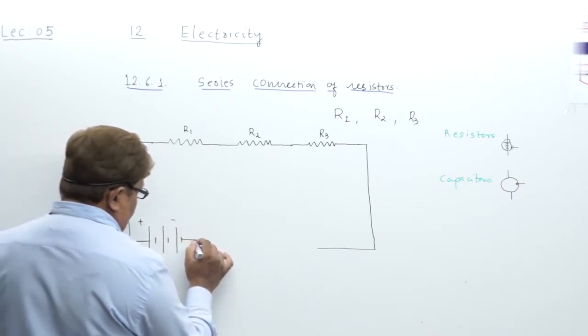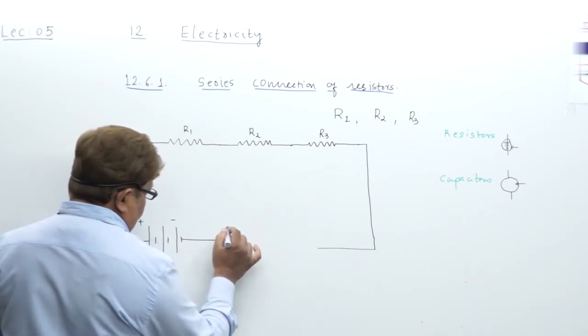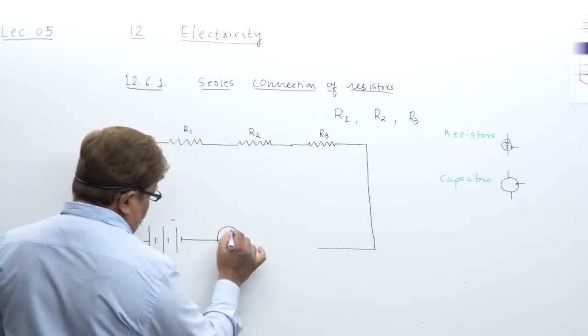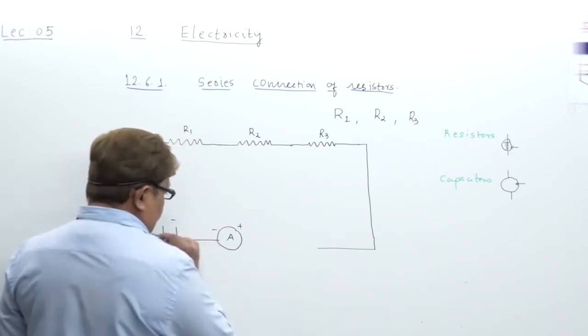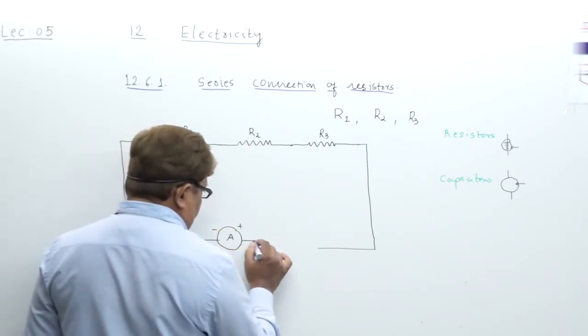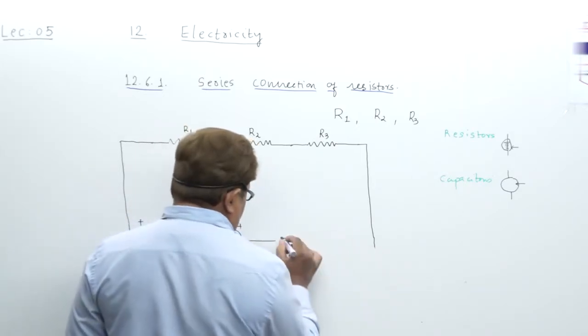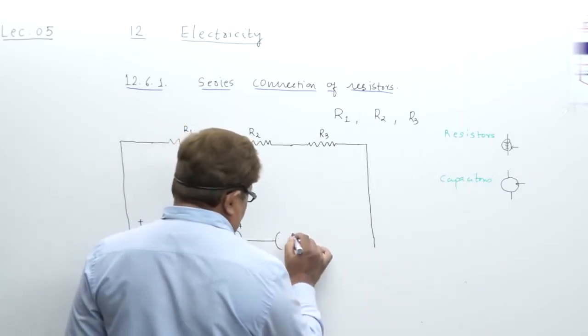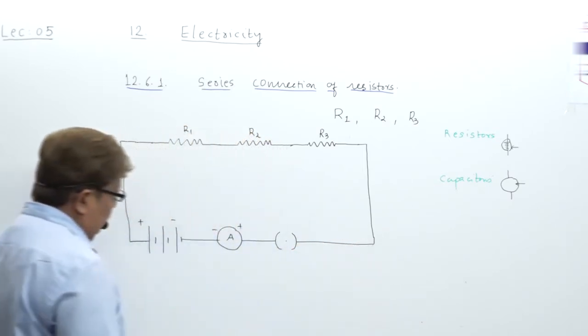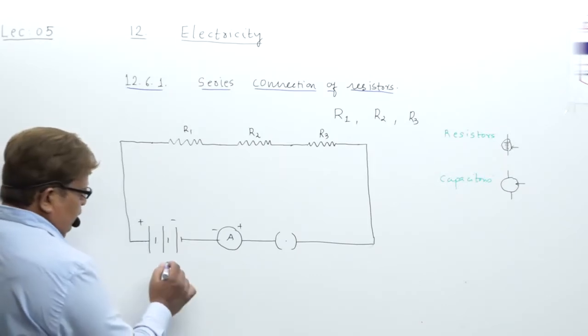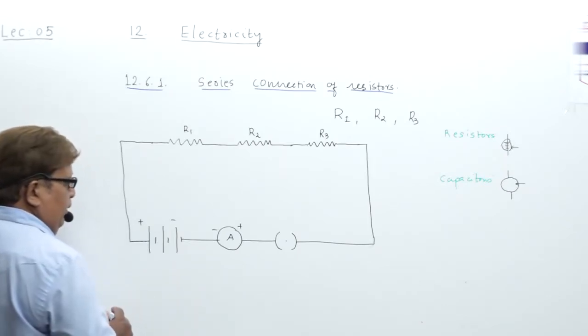Then you just show the ammeter, negative, positive. The ends have to synchronize, that you should know. And this is, my dear student, the plug key already. Suppose this is the circuit. This is the battery already, right?